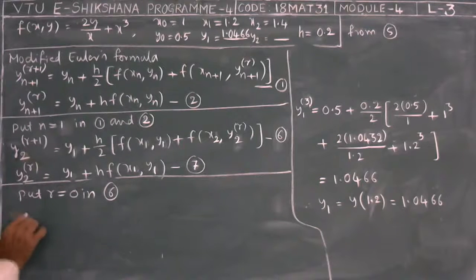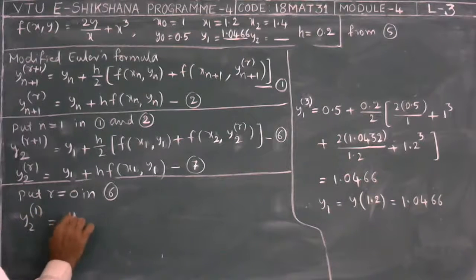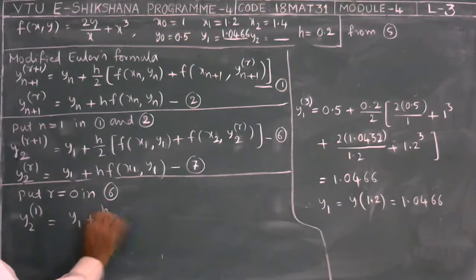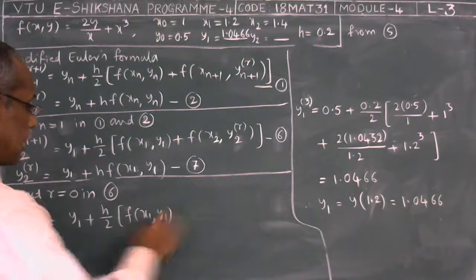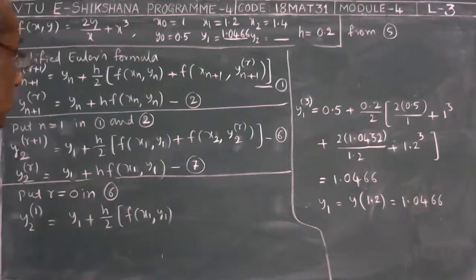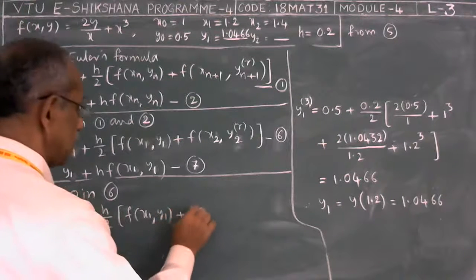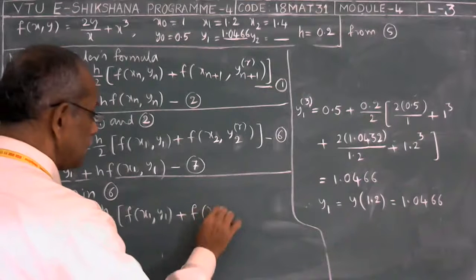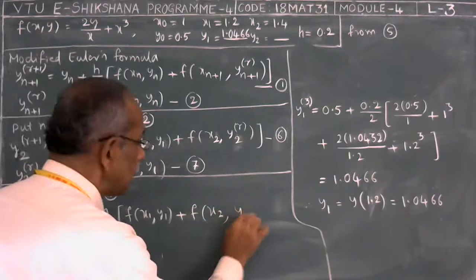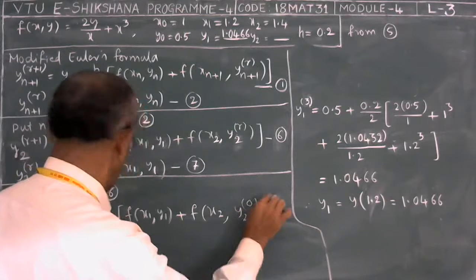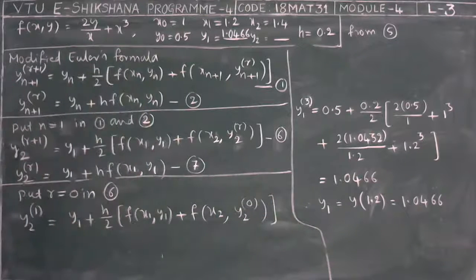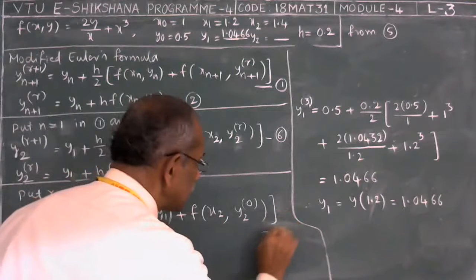When r is 0, you get y2 (1) equal to y1 plus h by 2 into f of x1 comma y1 plus f of x2 comma y2 (0). Close the bracket. Call this equation number 8.